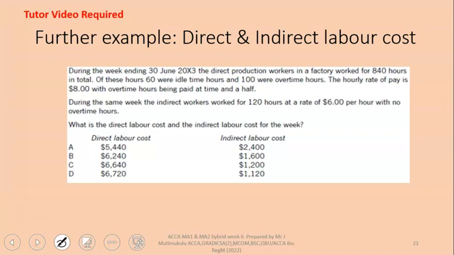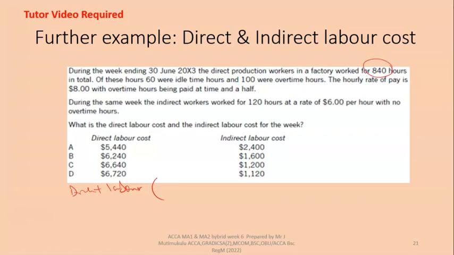And this is actually a typical exam question. So we also have to go systematic as usual. What is the direct labor in this situation? We are told from the question, the direct production workers in a factory worked 840 hours.